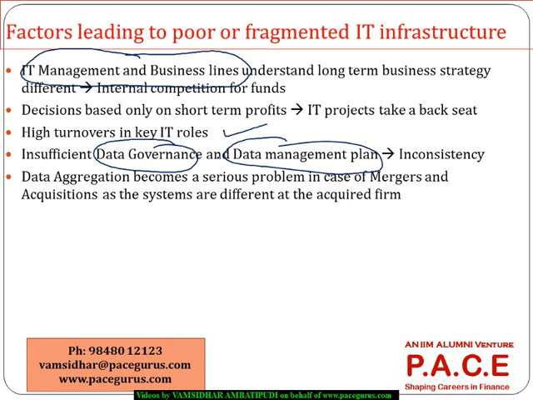There is a high level of insufficiency and inconsistency across the various business lines, which is creating problems with respect to the creation of models or using the IT infrastructure for effective purposes. And especially when there are M&A kinds of activities where different organizations, let's say X has acquired Y, X is having one kind of risk management system, Y is having another kind of risk management system.